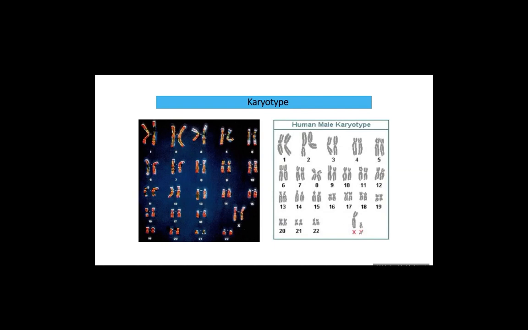Can you see here? XX. Here's XY, right? So this is chromosome 1, 2, 3, 4, up to 23 pairs. 23 pairs is composed of XX, right?